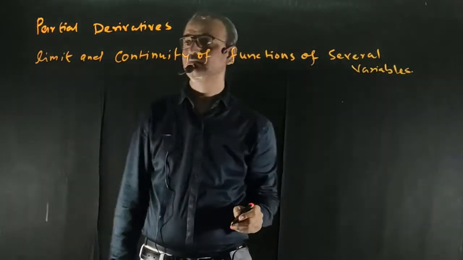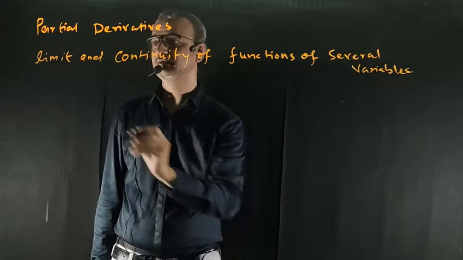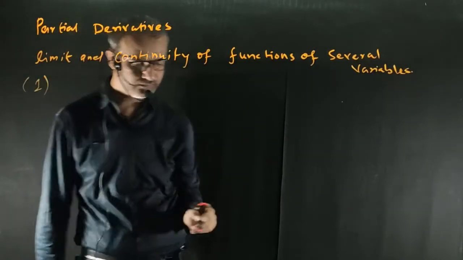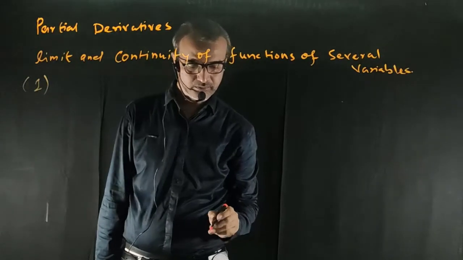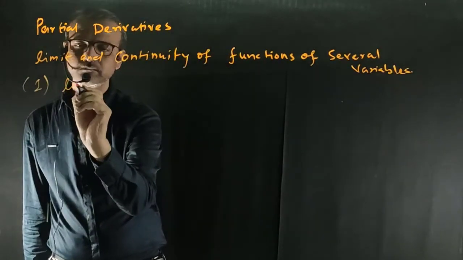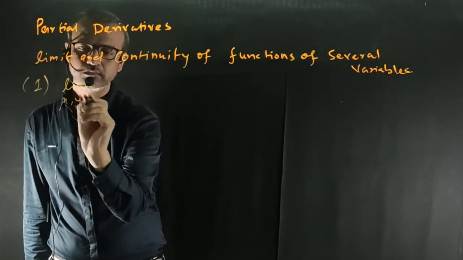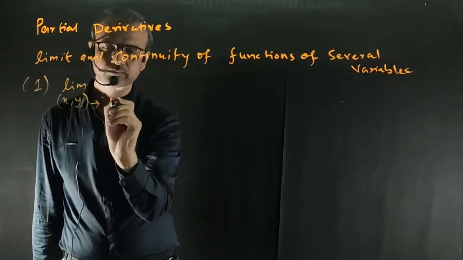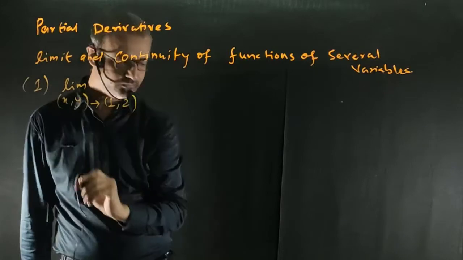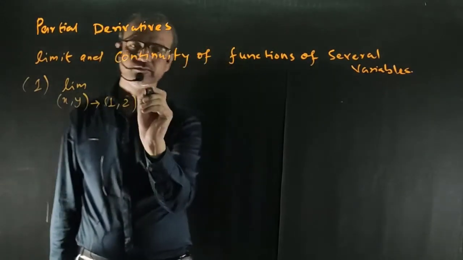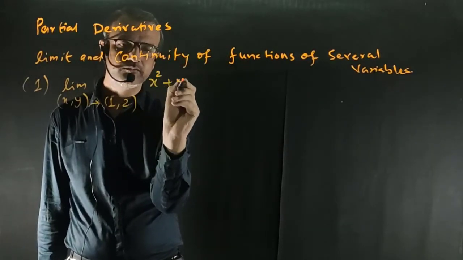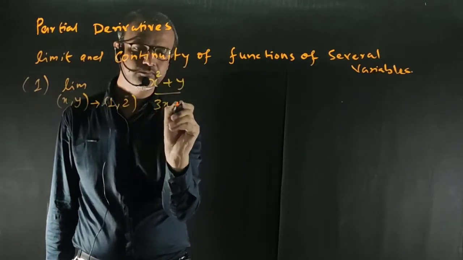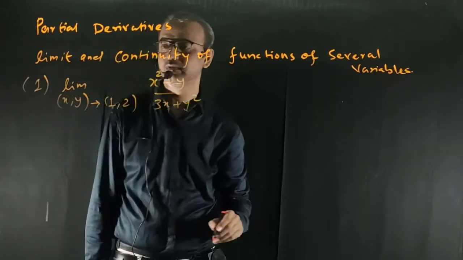Okay, now we will take first example related to this. First example is we have to evaluate the limit of the function limit (x, y) tends to (1, 2) of (x square plus y) divided by (3x plus y square).